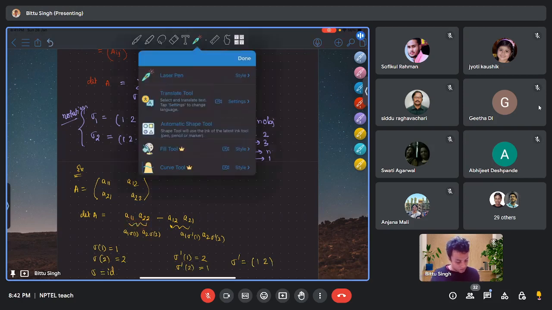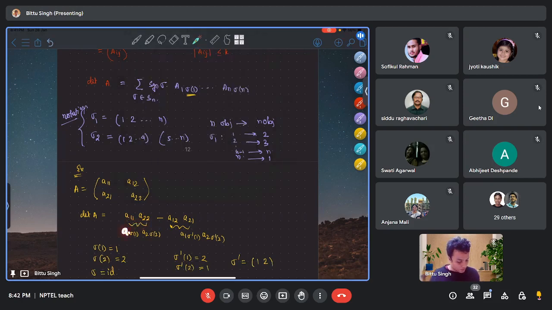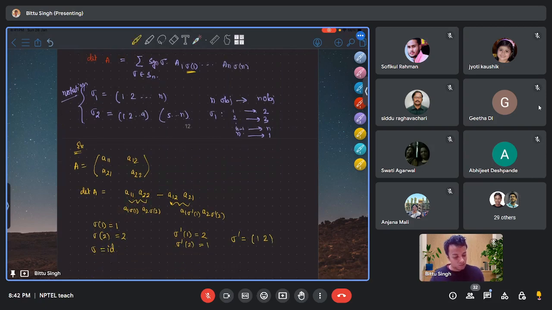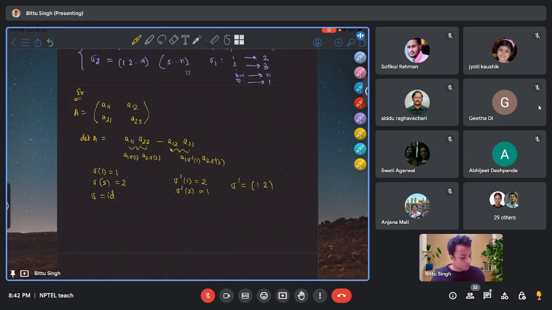Note here that A1, and after that there are only two ways, because what will be the bijection between two objects?